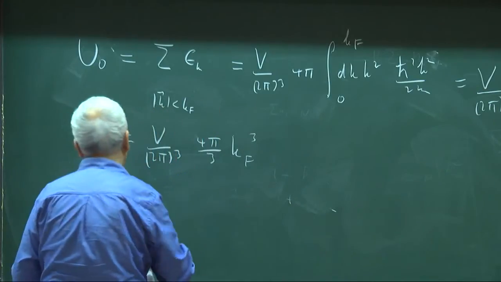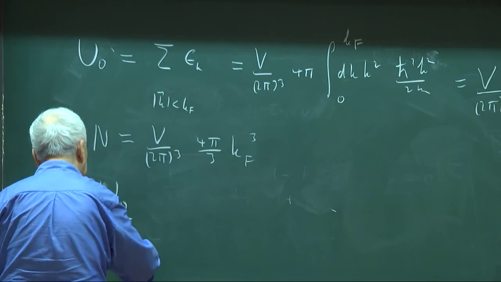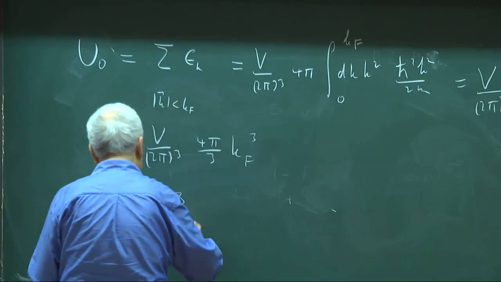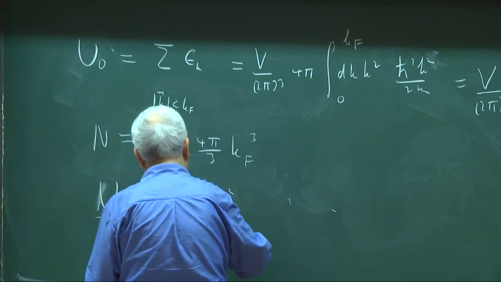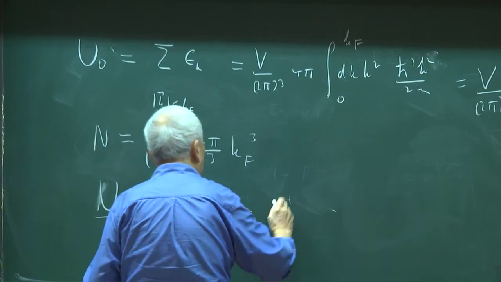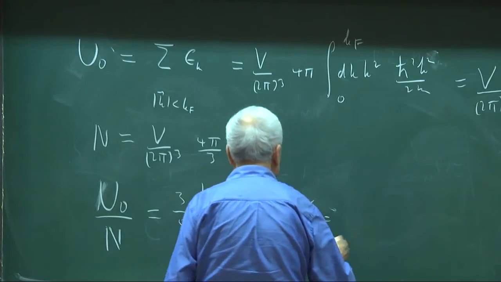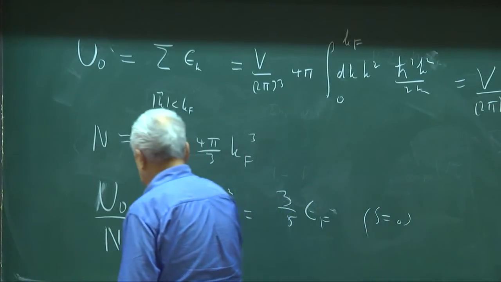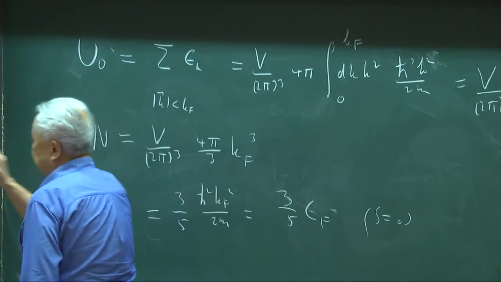Therefore, if we divide one by the other, the energy per particle at absolute zero turns out to be 3/5 of h bar squared kf squared over 2m, or 3/5 of the Fermi energy. This was spin 0. So the internal energy is not 0, but it's 3/5 times the Fermi energy.